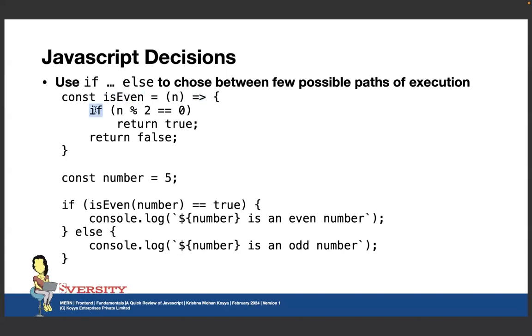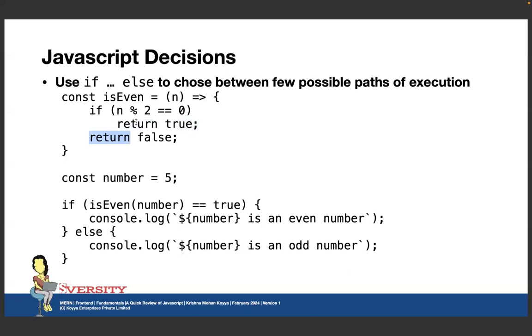And what is it doing? If you know the modulus operator with 2 as the value, if the number is divisible by 2 and leaves 0 as a remainder, you return true. If this condition is not satisfied, then come to this place and return false.